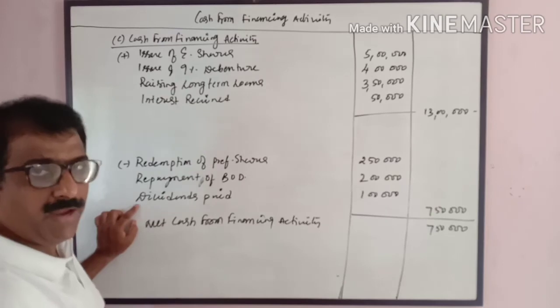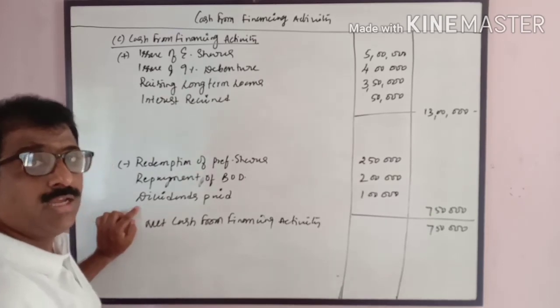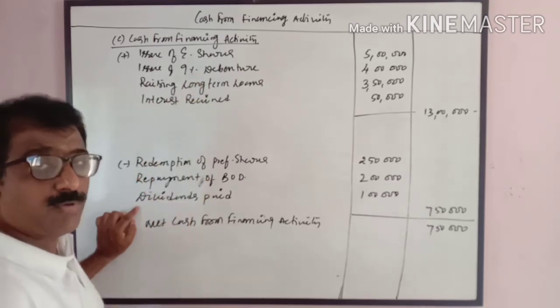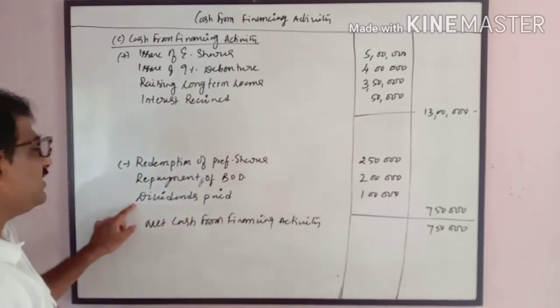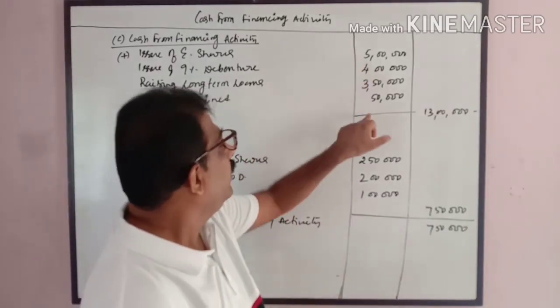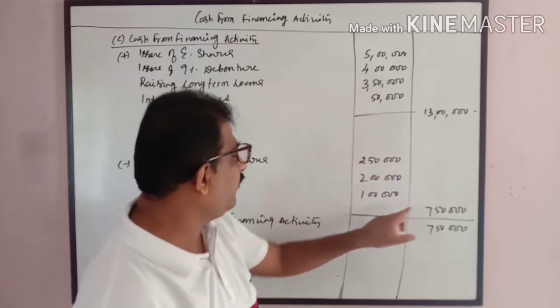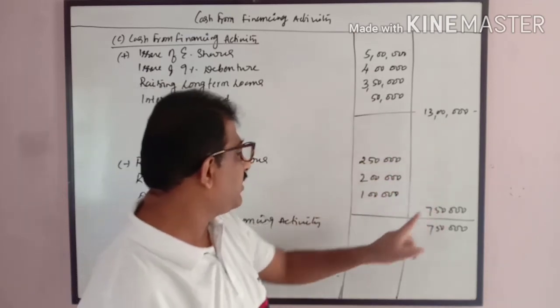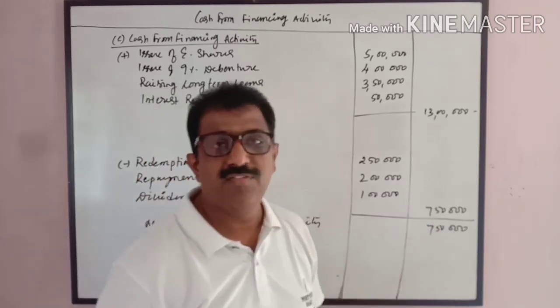Dividends paid is a non-operating expenditure which will be added back to the profits. Your cash goes out, you have to minus here, dividends paid 1 lakh. So total cash inflow is 13 lakhs, total cash outflow is 7 lakh 50. So 13 lakhs minus 7 lakh 50, net cash from financing activity 7 lakh 50.